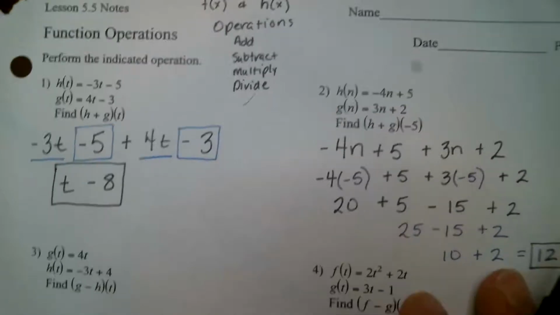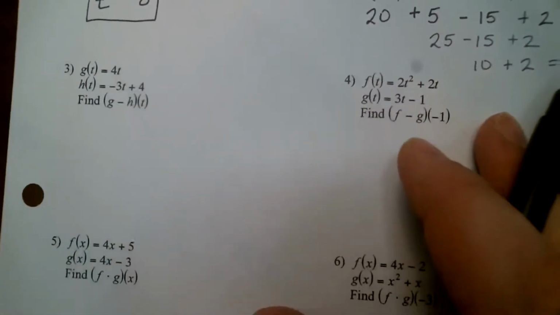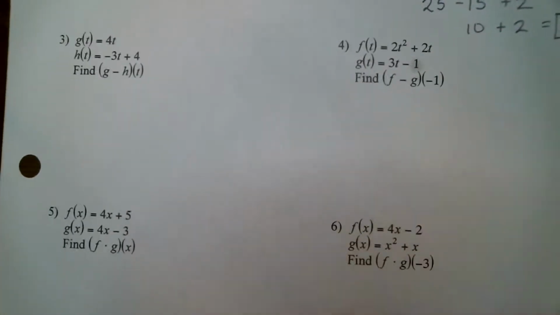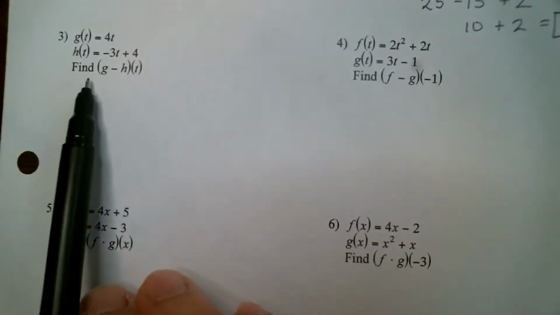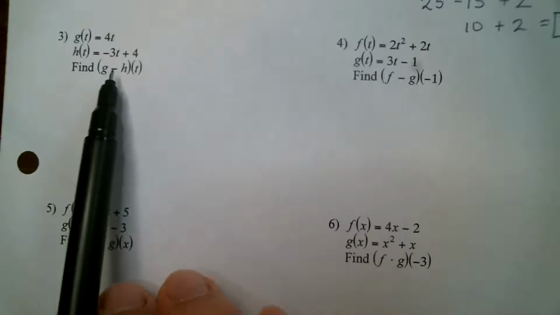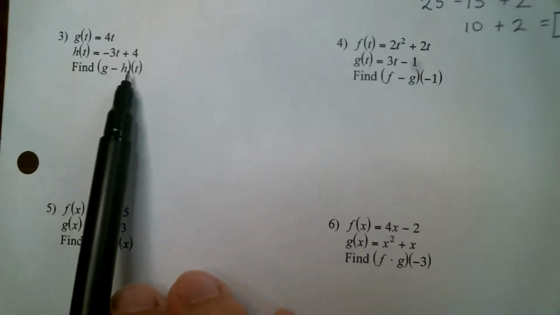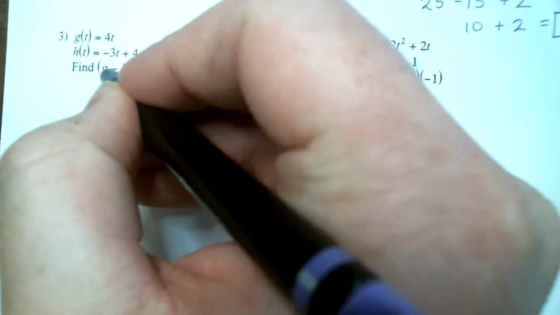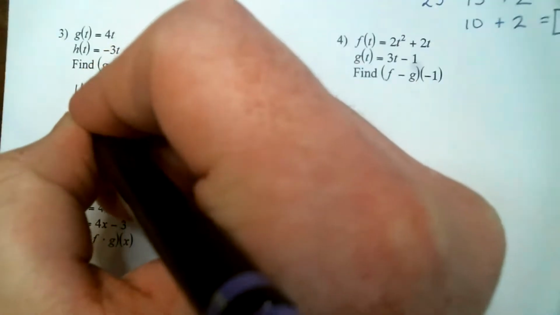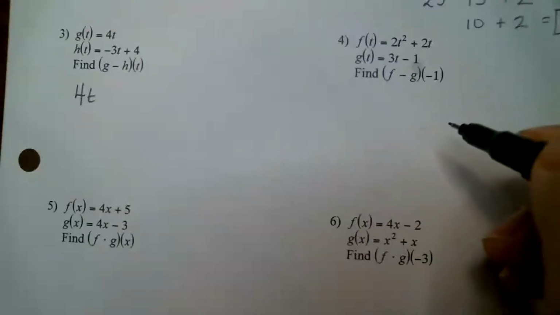All right, look at number 3. Now we have g of t and h of t, and it says find g minus h of t. So here we go. We're going to say g of t is 4t. That's our g.